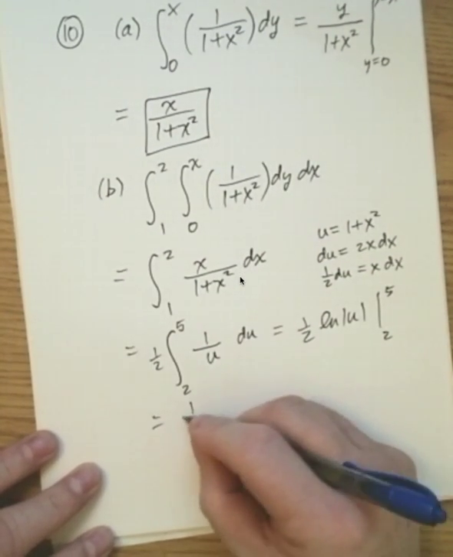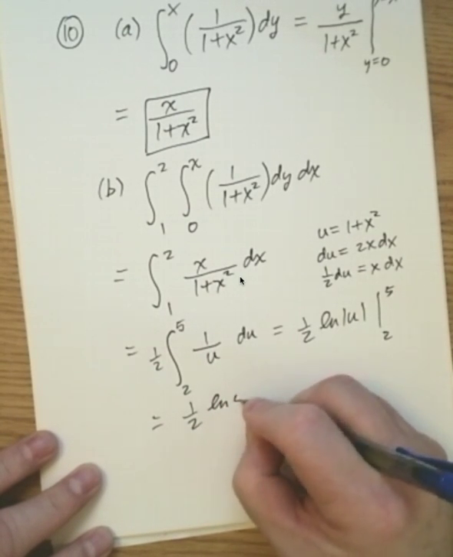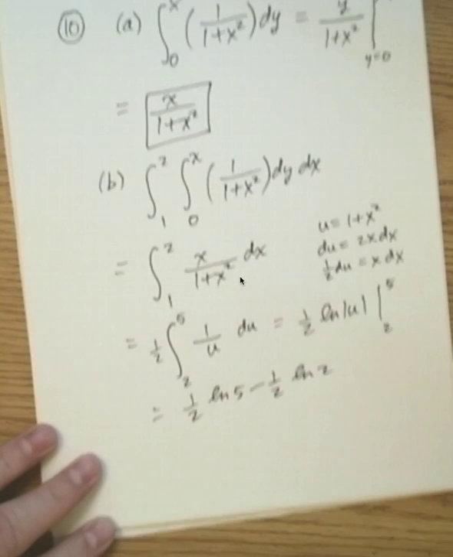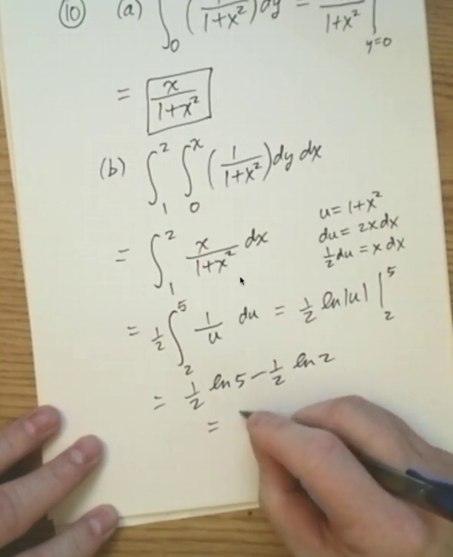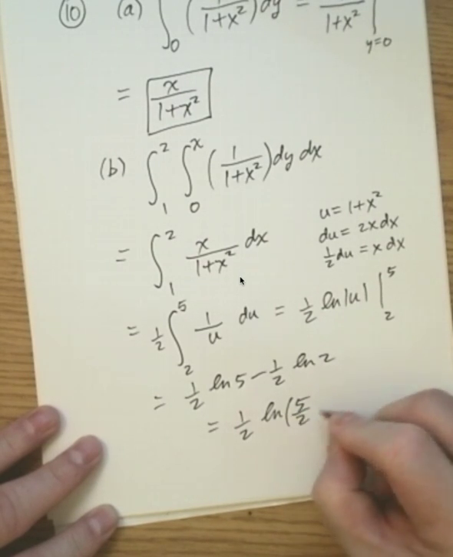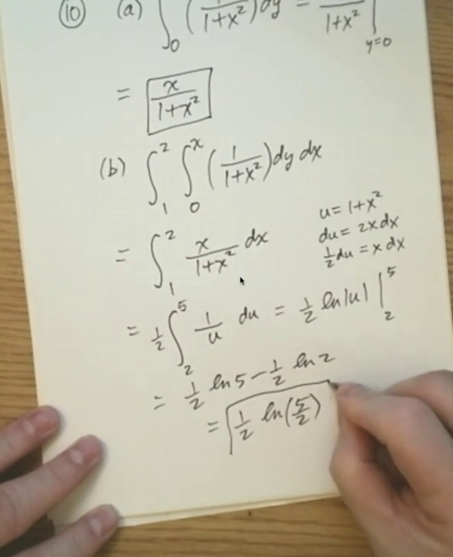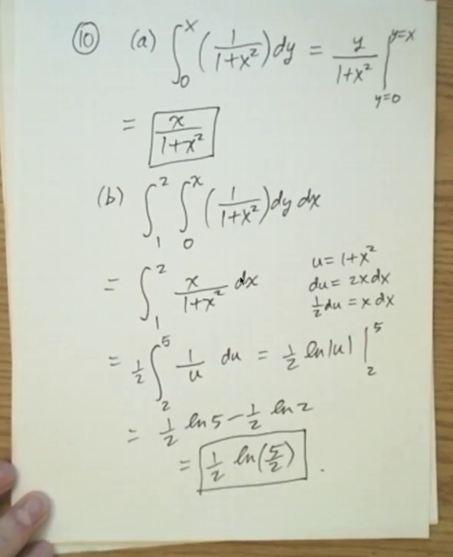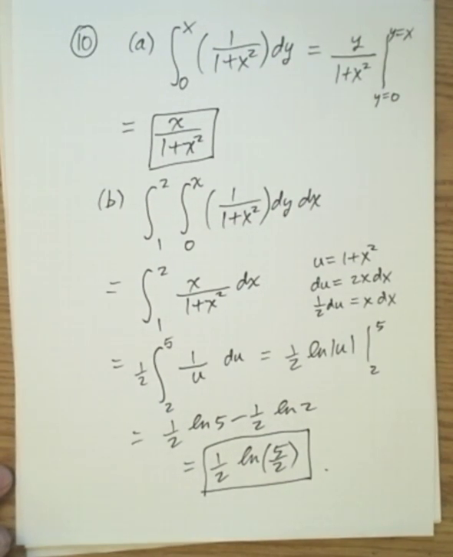And that will be 1/2 the natural logarithm of 5 minus 1/2 the natural logarithm of 2. If you want to combine those, you could do something like this. 1/2 the natural logarithm of 5/2 thusly. Okay, so there it is. There we worked out a few problems in that section.